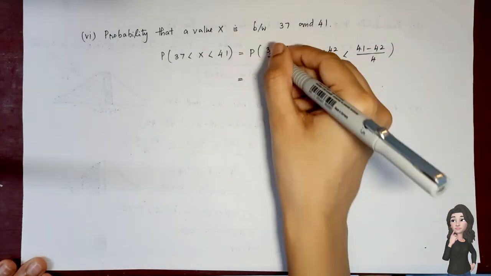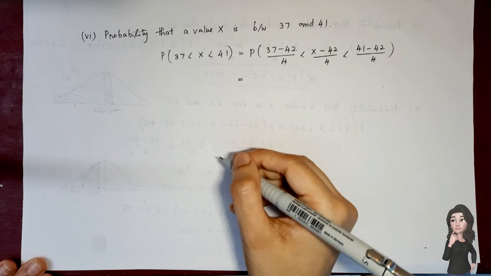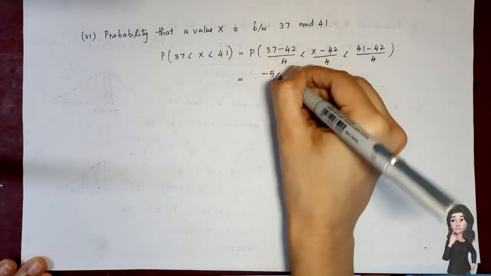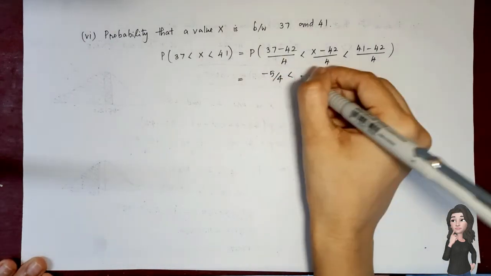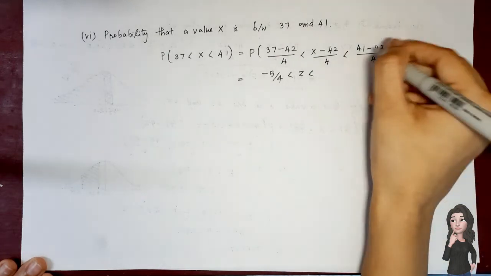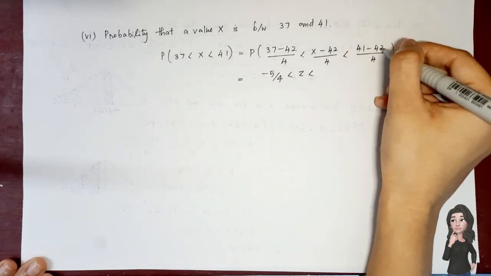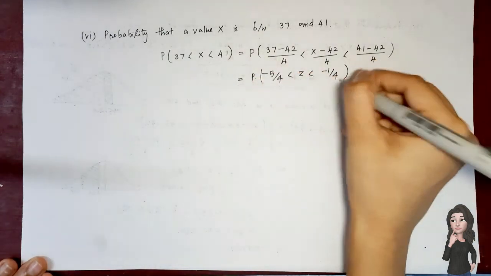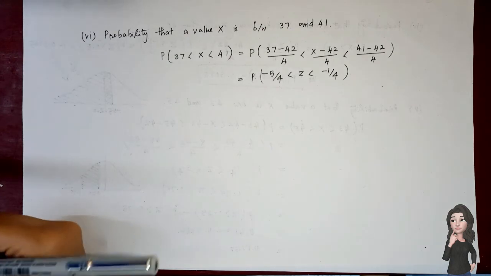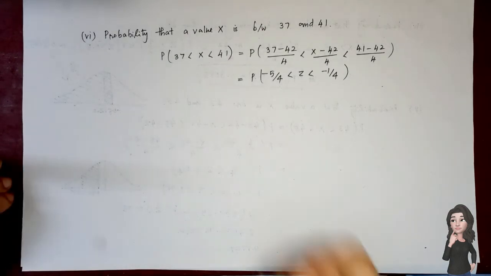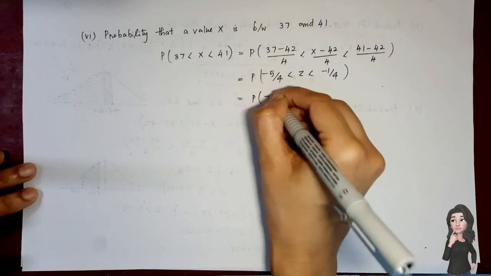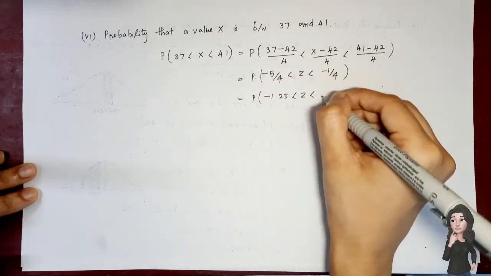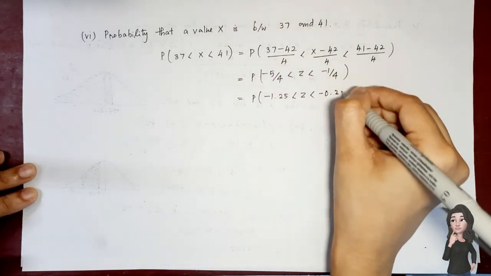So 37 minus 42 is minus 5 by 4 less than z less than 41 minus 42, which is minus 1 by 4. Which is equal to the probability of minus 1.25 less than z less than minus 0.25.